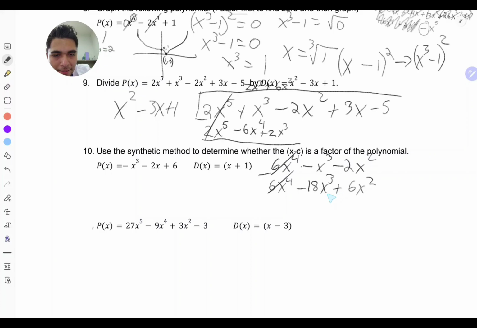Okay, so that is equal to negative x cubed minus 18x cubed, you are left with 17x cubed, and of course negative 2x squared minus 6x is just equal to negative 8x squared.